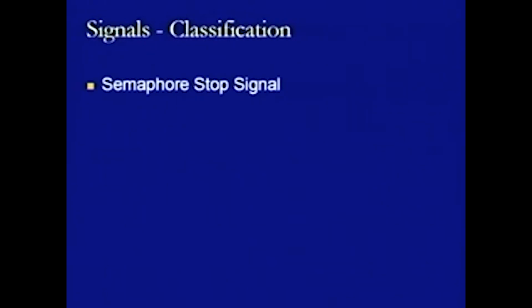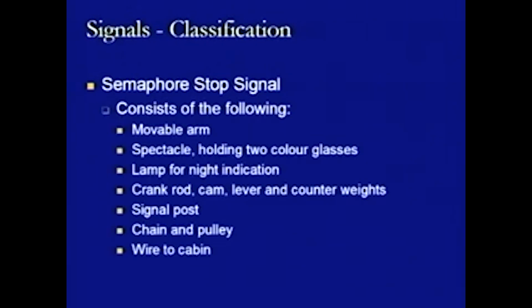Now, we look at the semaphore stop signal. In the case of the semaphore stop signal, as already defined, it has the movable arm. There are a large number of components provided on this signal.